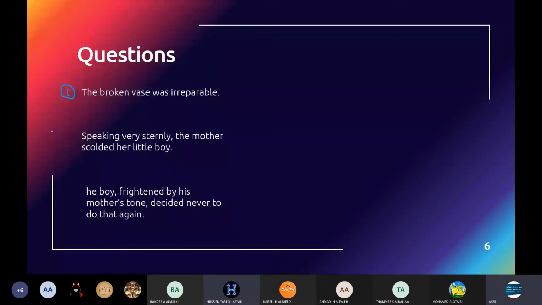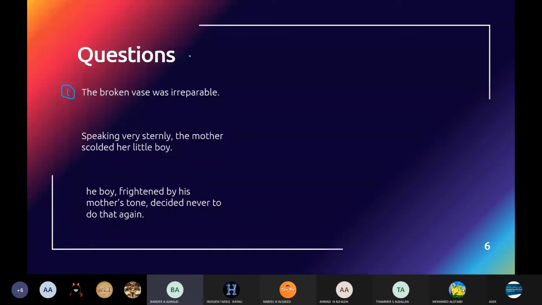So find here the verbal or the verbal phrase, meaning that the verb here is used as another part of speech, like an adjective or an adverb. I forgot to put the instruction, I only put questions.